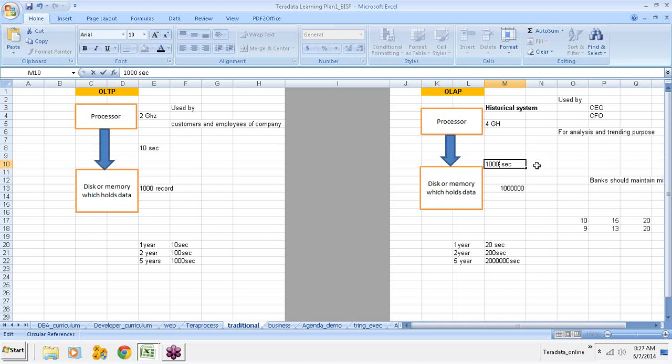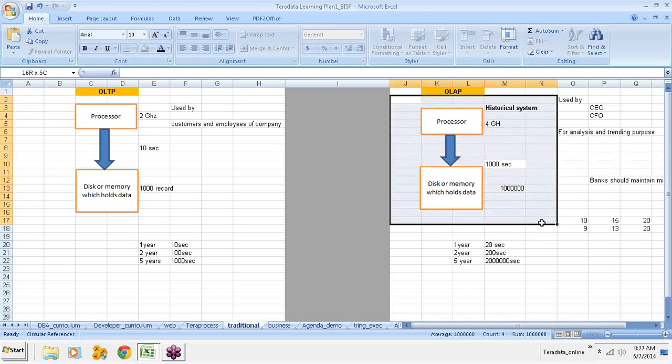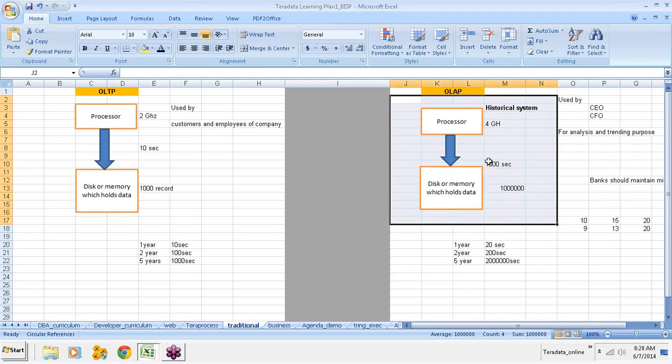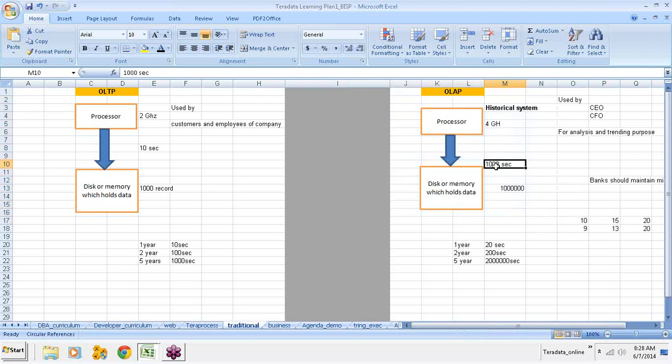What's the impact to the organization? Generally, this system is used by the top management of organizations, right? So we have to ensure they get the analytical reports in very little time, isn't it?